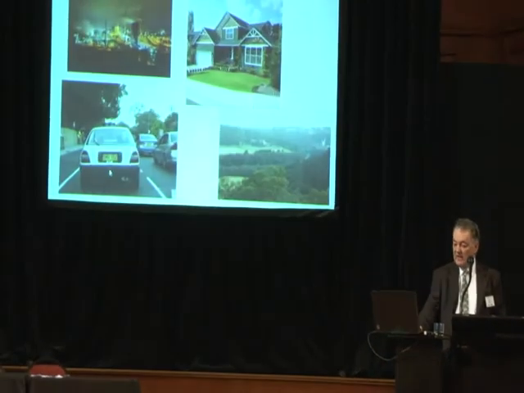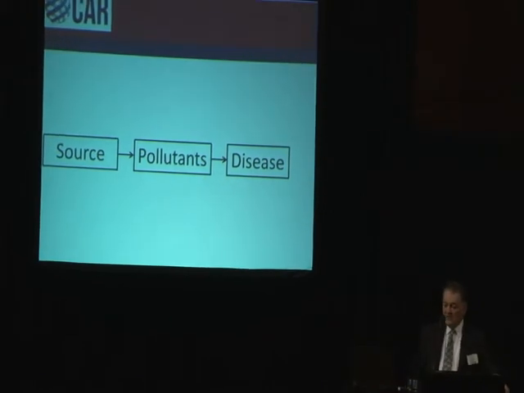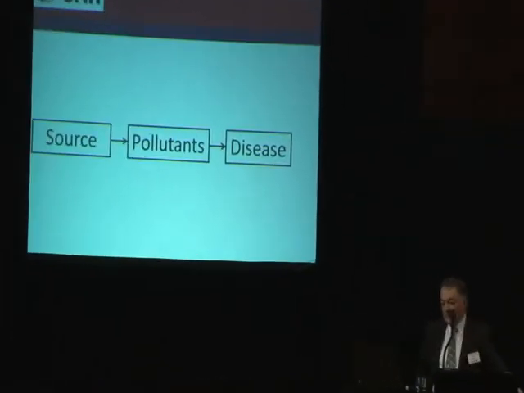We live in an environment where we're exposed to indoor sources, to industry sources, to cars, and to smoke haze. So one way of trying to deconstruct that problem, one way that we have of trying to make this a tractable or a solvable problem, is to decompose the sources into the pollutants that they emit, and to examine the relationship, instead of examining the relationship between the source, for example the mine or the port or the cars, and disease, to examine the relationship between specific pollutants and the disease.